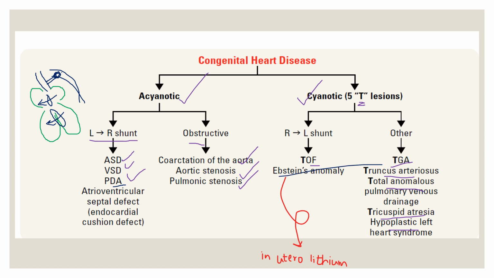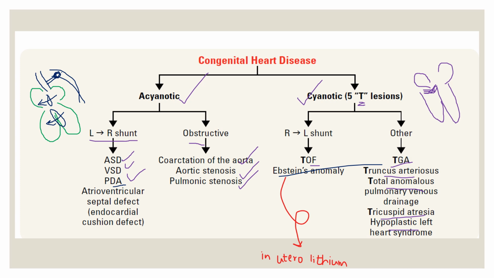Now, what is Epstein's anomaly? So you have a right atrium, a left atrium, a right ventricle and a left ventricle. What is happening in Epstein's anomaly is, I'll draw this nicely. Usually you have the right atrium like this and the right ventricle like this, and the right sided valve, what is it called?